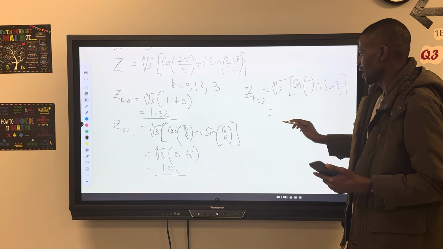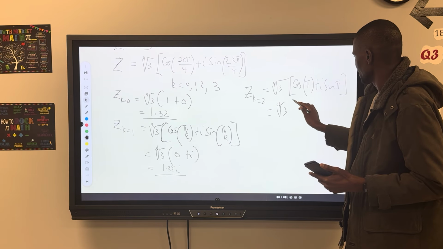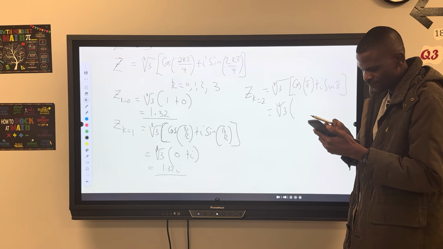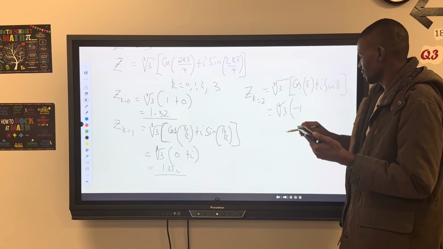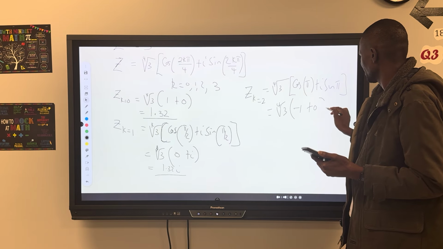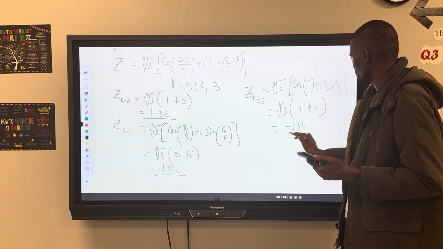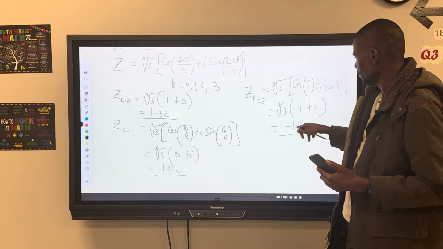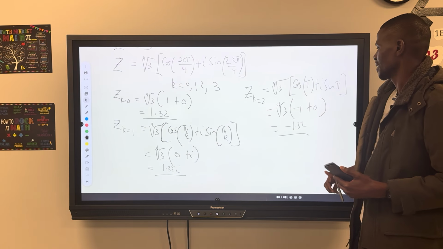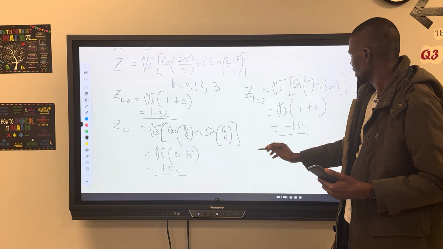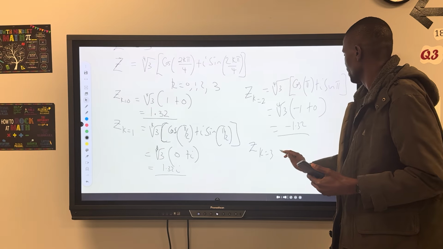Cos pi is -1. Sine pi is 0. So here the answer will be -1.32. And it does make sense. As you can see, we have the same modulus there.